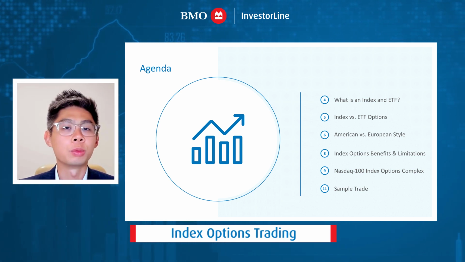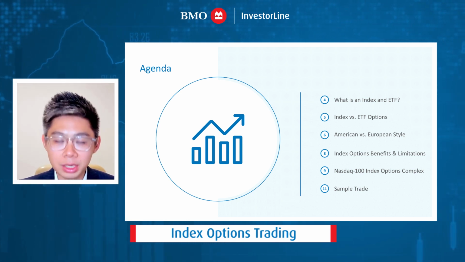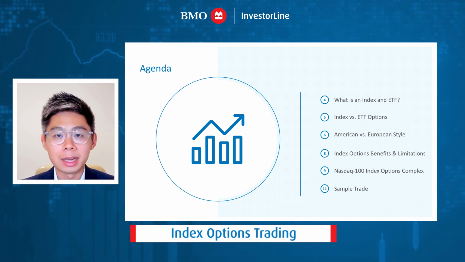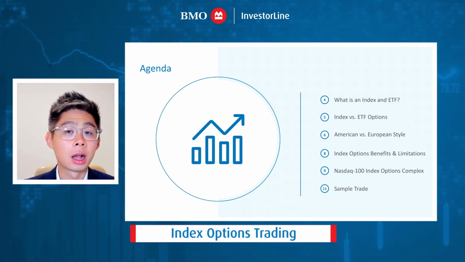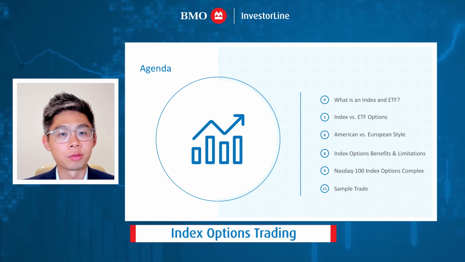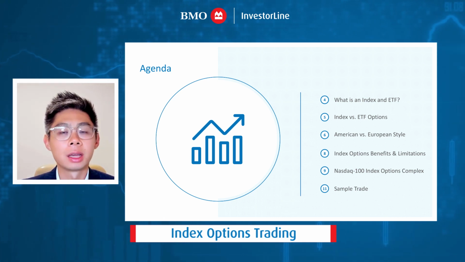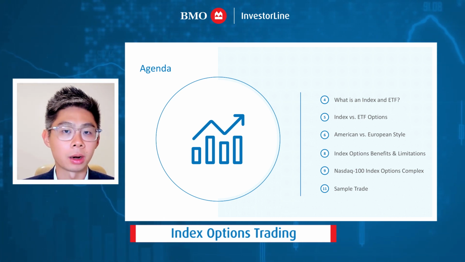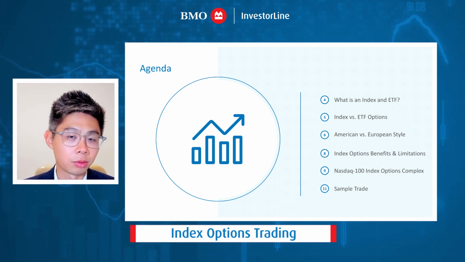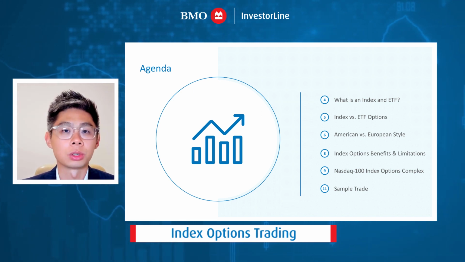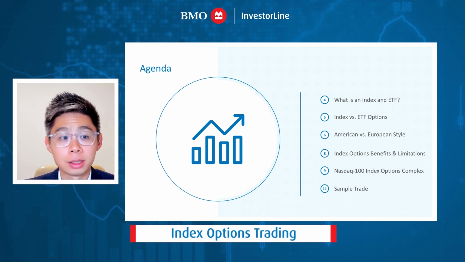And then to help you better understand this, we'll take a look at the NASDAQ 100 index options complex, meaning the different types of products that are available, and then take a look at a sample trade to help you better understand the differences in some of the contract specifications that we're talking about during today's session.